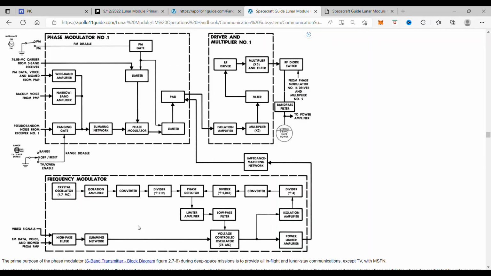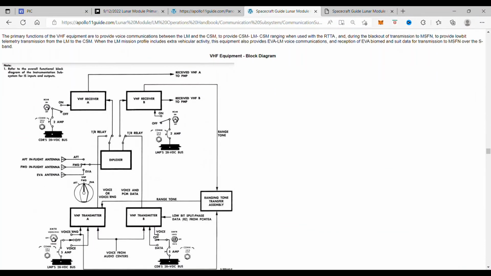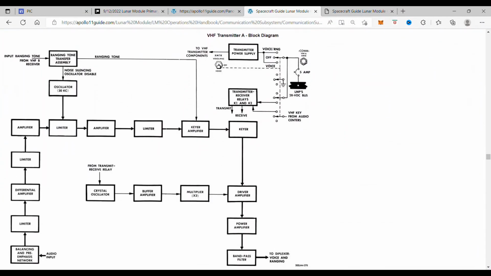When the Lunar Module is on the lunar surface, the communication subsystem provides S-band communication with the Manned Space Flight Network and VHF communication with the EVA. The Lunar Module relays VHF signals to the Manned Space Flight Network using S-band.